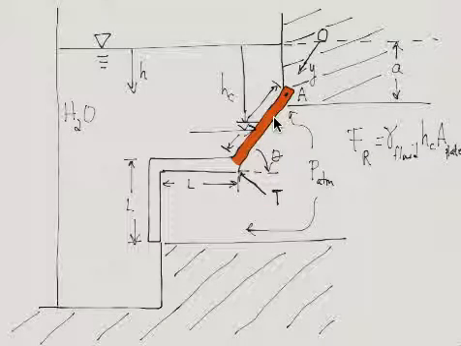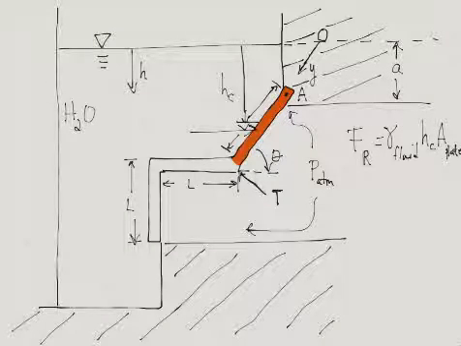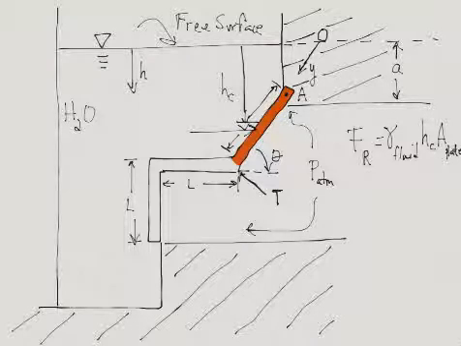Okay, so if we just continue on here, to the center of the plate is going to be, and we can go into all of that. It basically says HC is the vertical distance from the free surface, and here's our free surface right here, to the centroid of area.